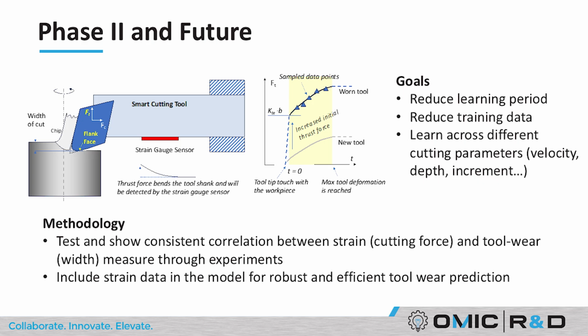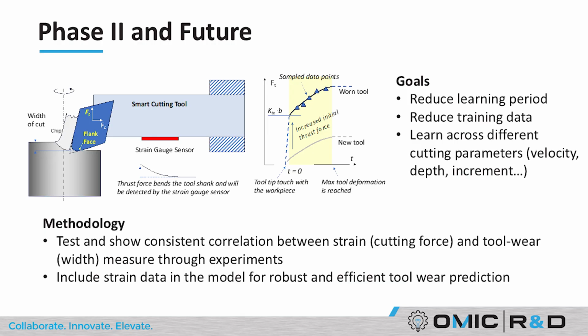So in the secondary phase, we are aiming at reducing the learning period and reducing the amount of data used for training. And we even want to collect the data from one of the cutting tools and make use of the trained model to predict the tool wear on the other cutting tools. So that is the goal of the present approach.